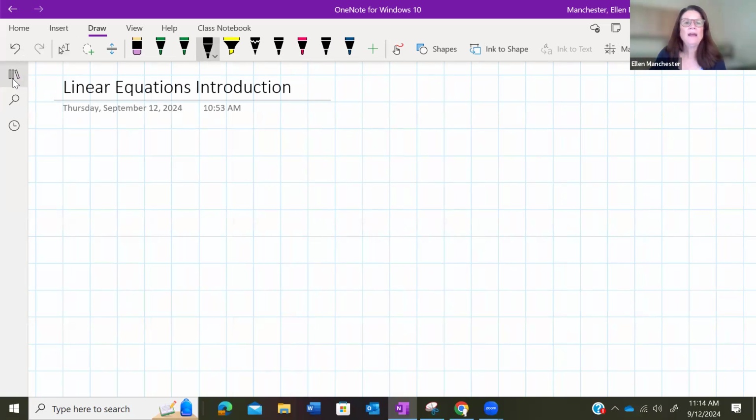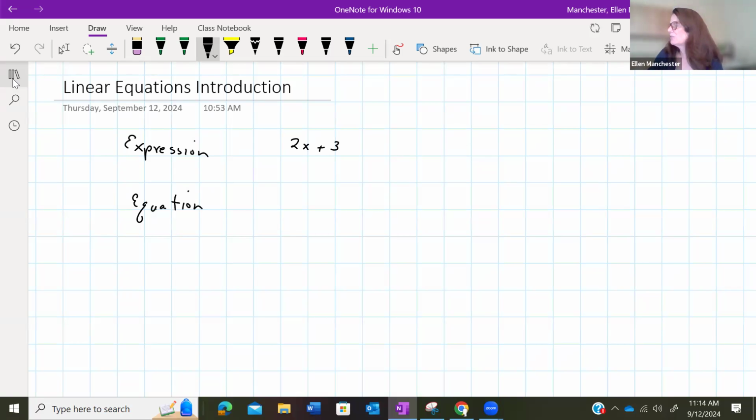The way that I like to introduce linear equations is we always want to talk about what we are doing. Whenever we have equations, there are 2 different things that we are looking at. We have an expression, and then we have an equation. They're 2 completely different things. An expression is like 2x plus 3. You cannot solve it. There's nothing you can do to it.